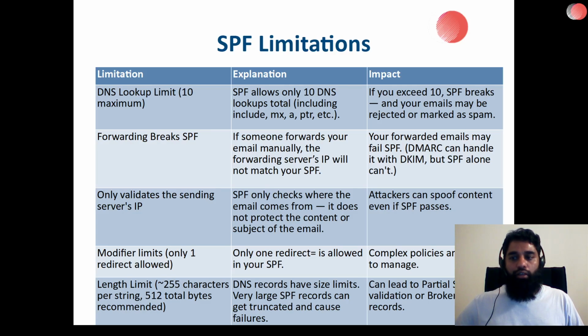If you whitelist a huge IP range like all of Azure's IP space, you are trusting thousands of servers you don't control. A cyber criminal could set up a server inside Azure, spoof your domain, and SPF would pass because the IP falls inside the allowed range. This is why you should always whitelist only the specific IPs you control, not entire data centers.